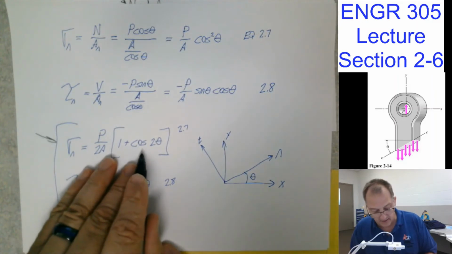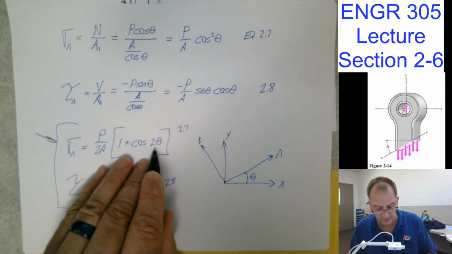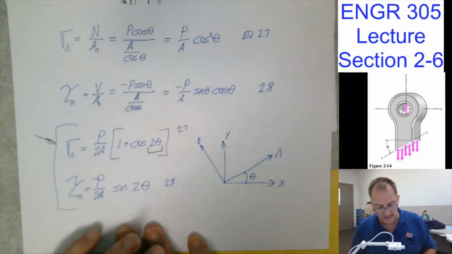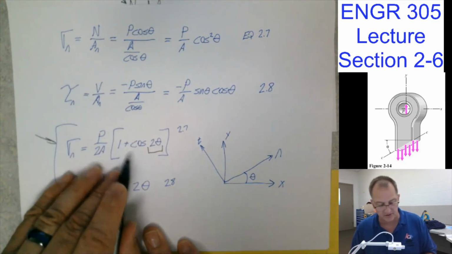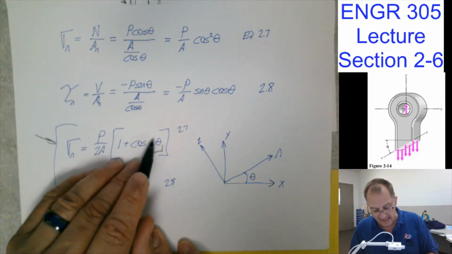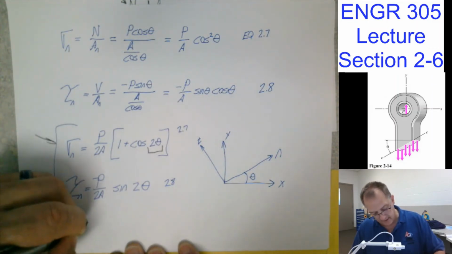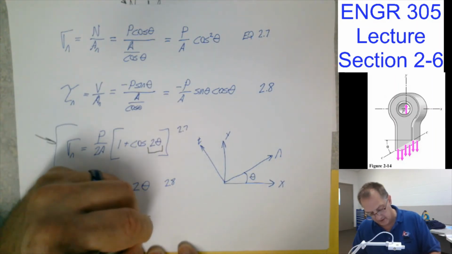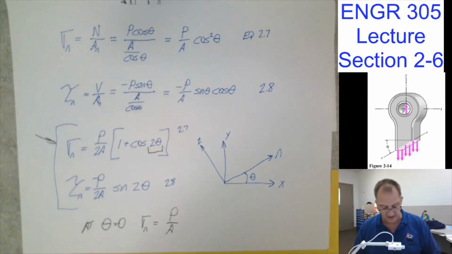So when is this going to be the largest? Well, that's going to be the largest when cosine of 2 theta is equal to 1, because no matter what's in there, cosine varies from -1 to +1. So when this goes to -1, this whole term goes to 0. That doesn't work good. But when this angle is 0, then cosine is 1, and then this is 2, and then at theta equal to 0, sigma n is equal to P over A. That's as big as it gets.